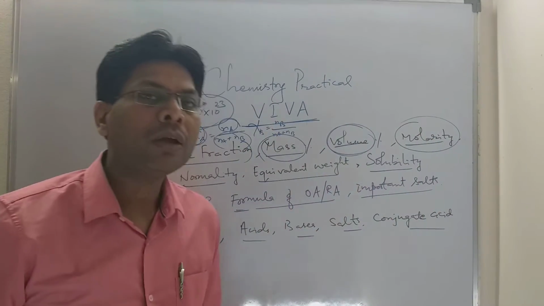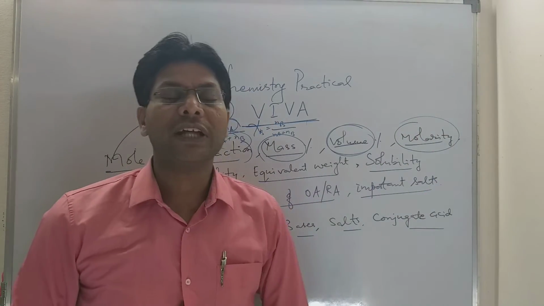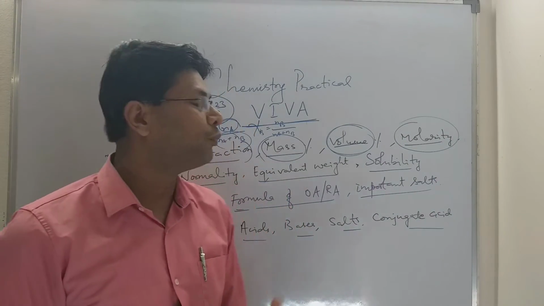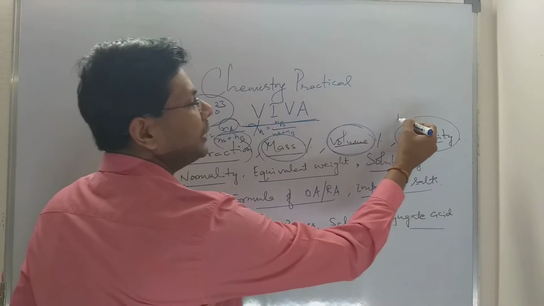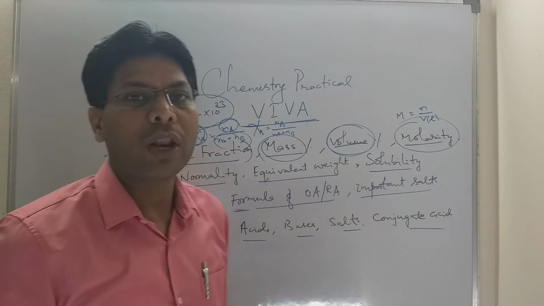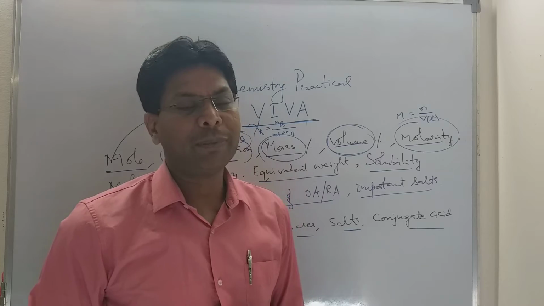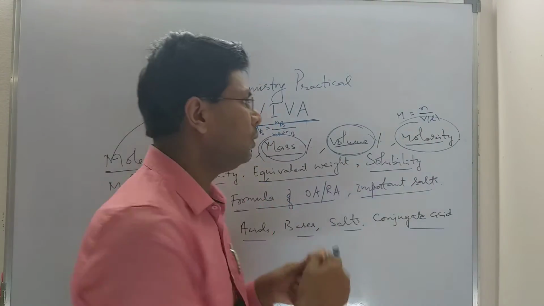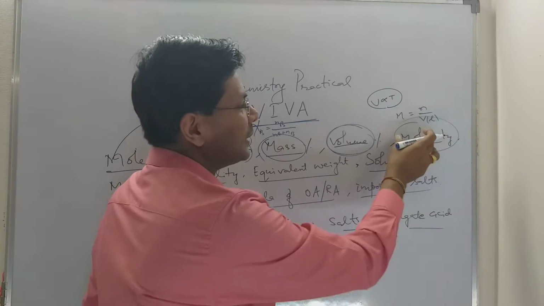Molarity. Molarity is the concentration unit which is defined as the number of moles of solute dissolved in 1 liter of solution. Molarity is temperature dependent. As we know, volume changes with temperature, so molarity also changes with temperature.